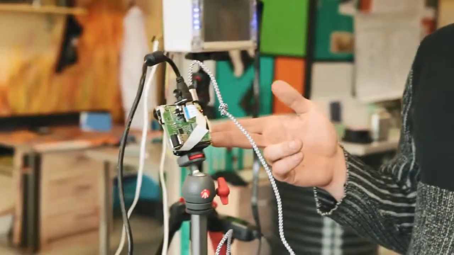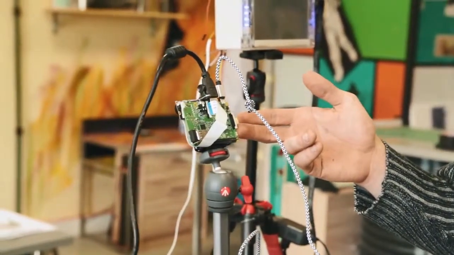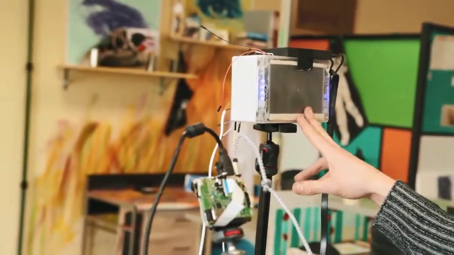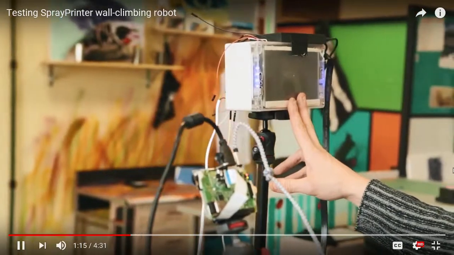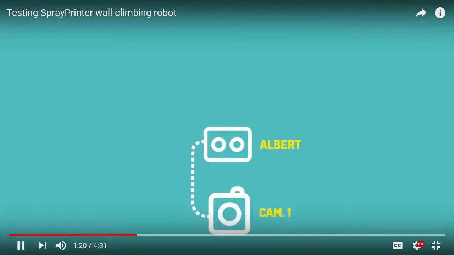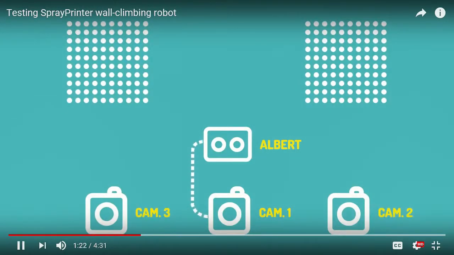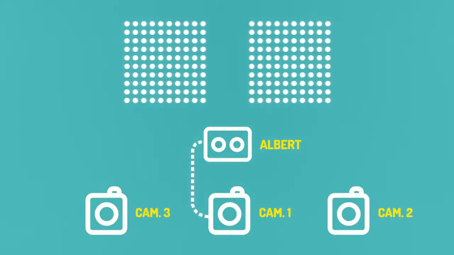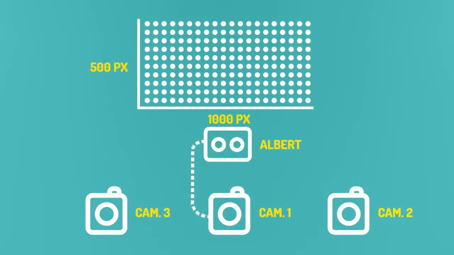This camera is for controlling the motion controller, for controlling the robot. And this is a camera module to control the printing, and this one also for printing. We want to add some resolution. One camera module can deliver 500 pixels times 500, but now we're printing 1000 times 500.